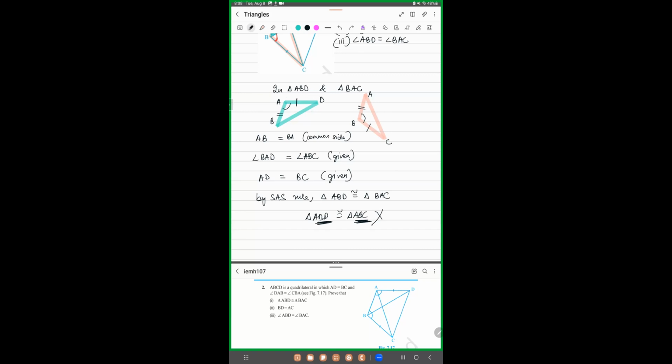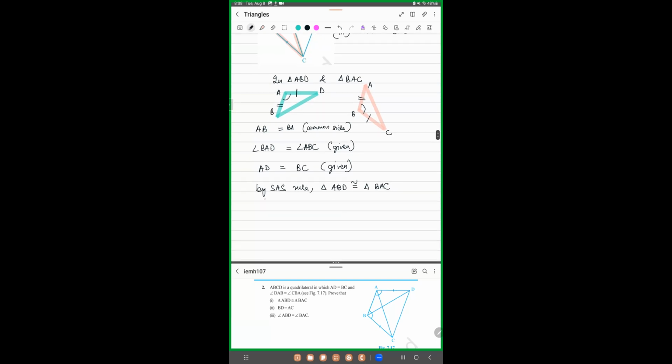That is why you cannot write ABD is congruent to ABC, because then you are writing BD is equal to BC, but that is not the case. So I hope you have understood why we are not supposed to write it like that.